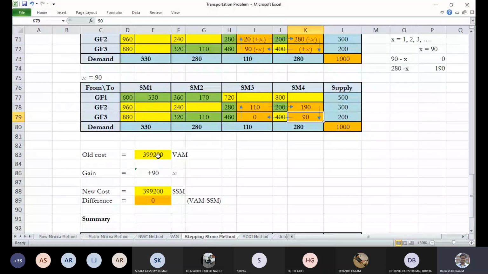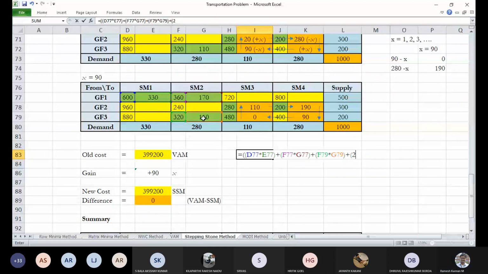Say, for example, we've got 600 divided by 330 plus 360 multiplied by 170, 320 multiplied by 110, and 280 multiplied by 110 plus 200 multiplied by 190 plus 480 into 0, which is not allocated.